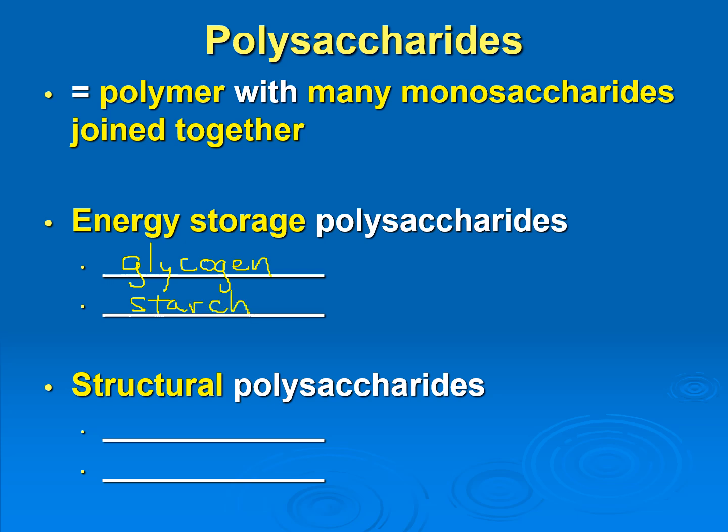The structural polysaccharides would be cellulose, which we find in plants and makes up their cell walls, and then the other one is called chitin. So let's just take a look at some pictures of these.